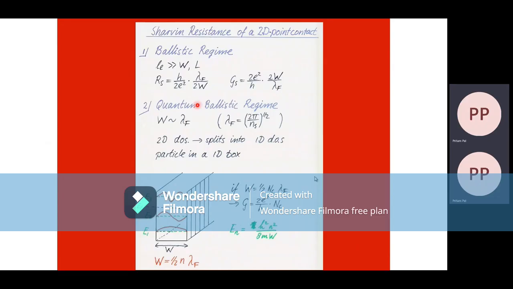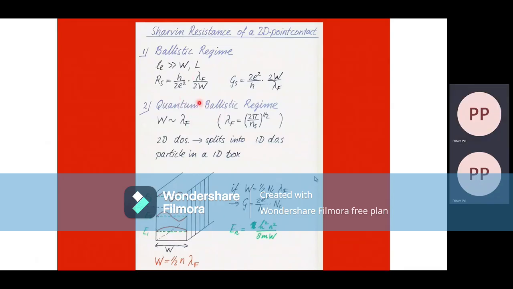The quantum wavelength of the electron is comparable to the width of the quantum point contact constriction, which is W. As we pinch off the constriction all the way to zero, we observe adding quantized levels to this constriction, very similar to a particle in a box problem.